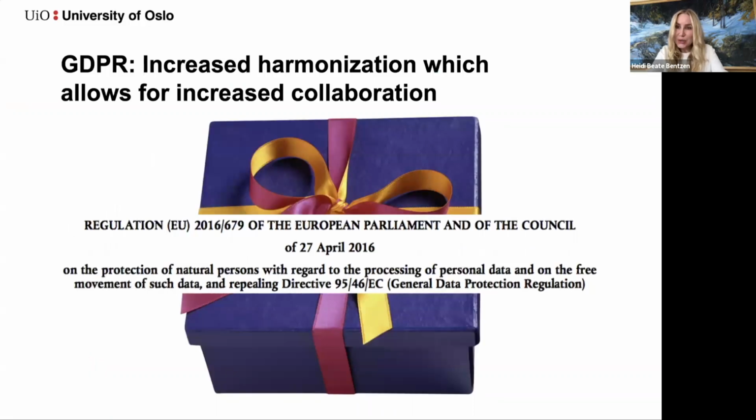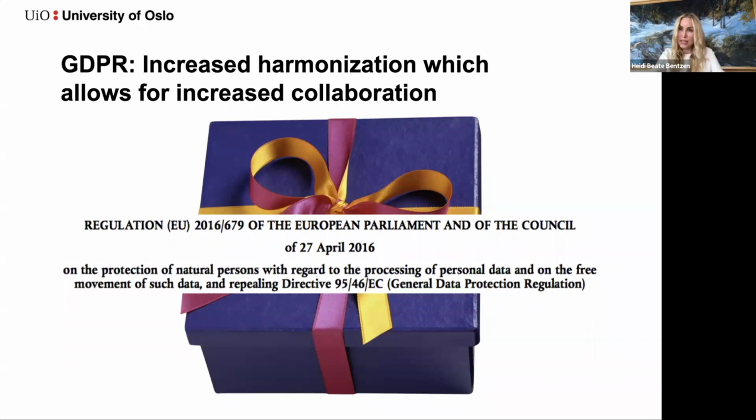In the European Union, there used to be a personal data directive. That meant that each member state was free to figure out how to implement the rules. This meant that we were left with very varying interpretations across member states.